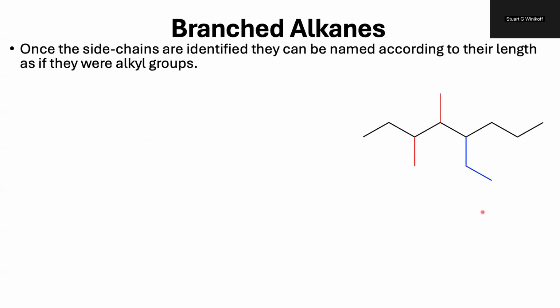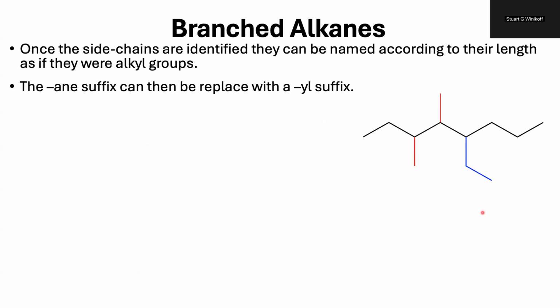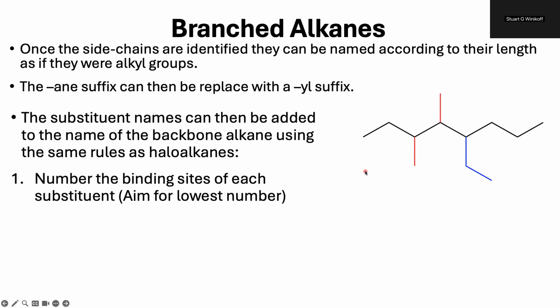Now, once we identify the main chain and the substituents, we can name each of those side chains according to their length as if they were alkyl substituents. We name them like alkanes, but we replace the -ane with an -yl suffix. We then add each of these alkyl substituents to the alkane name as prefixes, just like they were halogens.